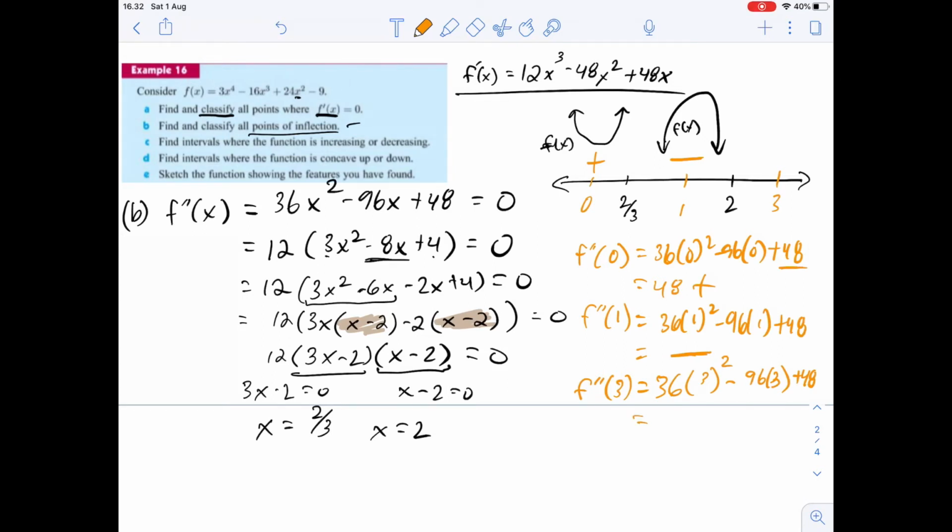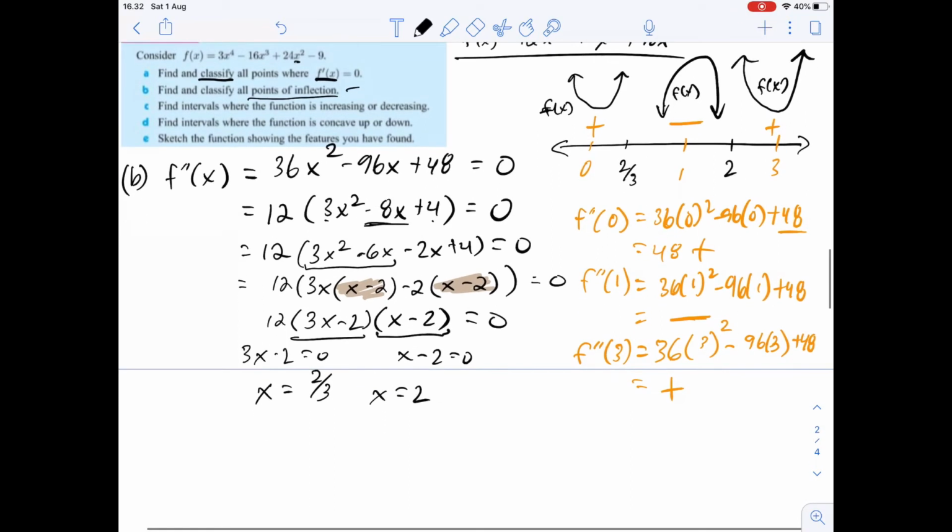And that is going to give me a positive number. So my second derivative is positive, which means that this graph of f of x will change concavity and be concave up.